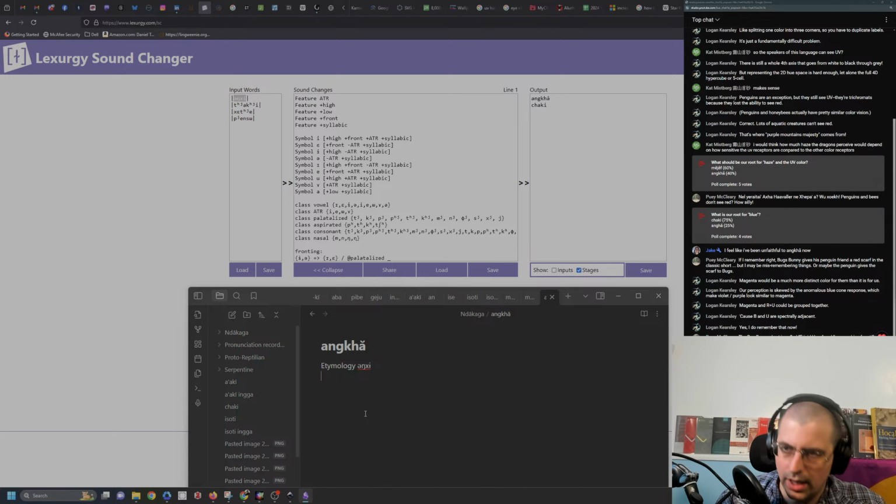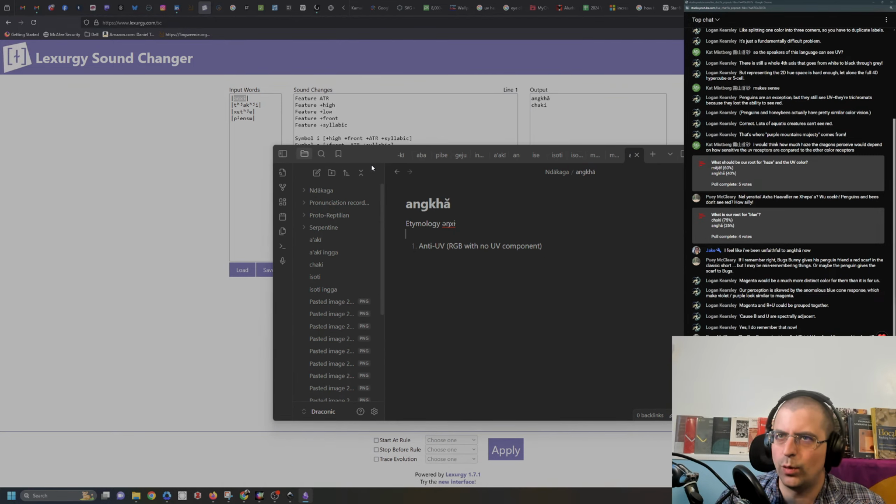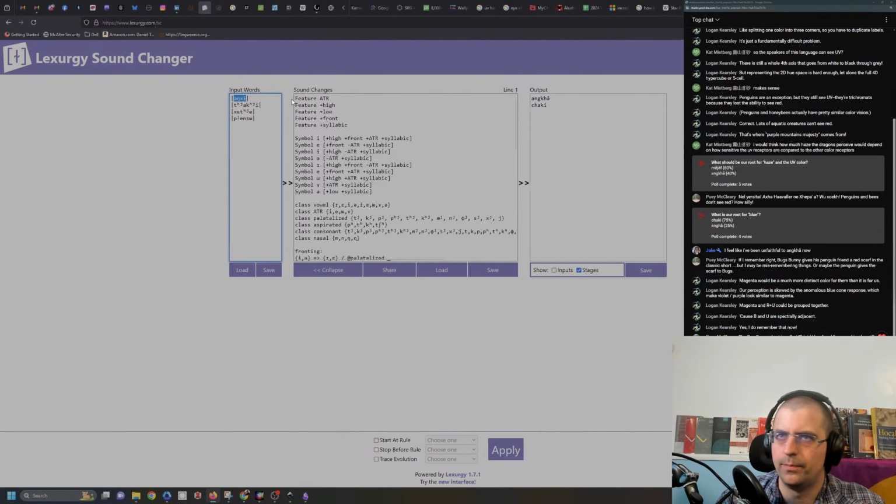Ange, and this is anti-UV, which we just perceive as white, but that's a separate color for them.